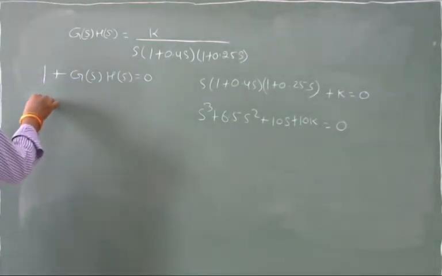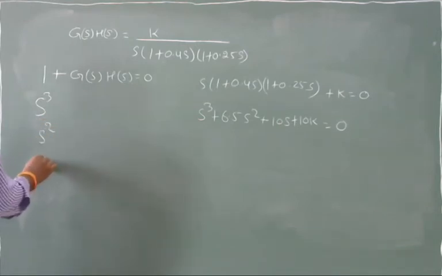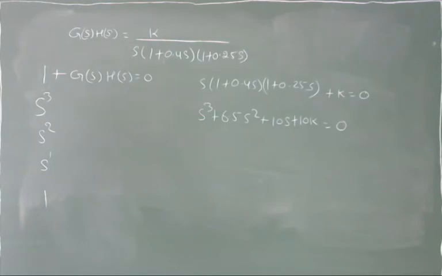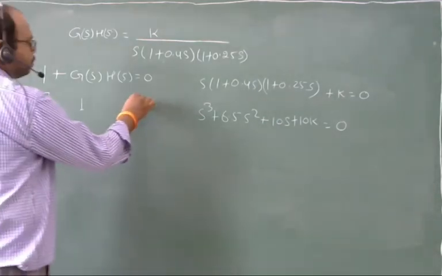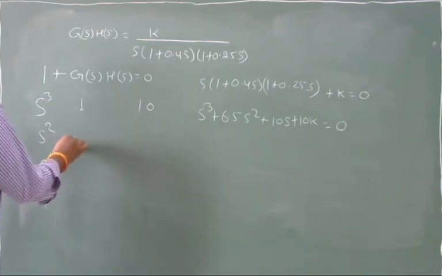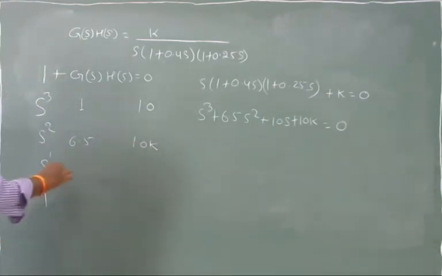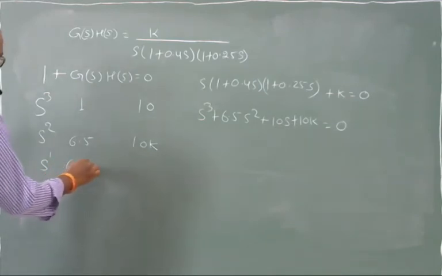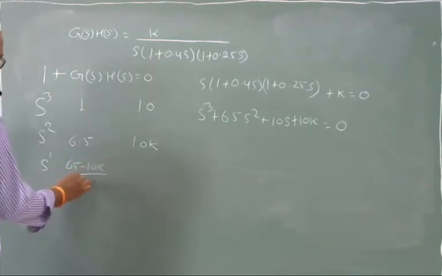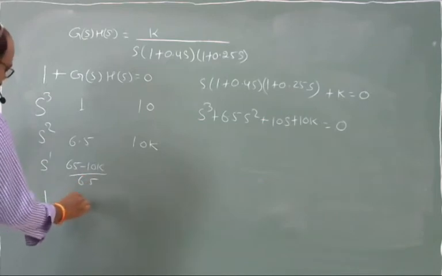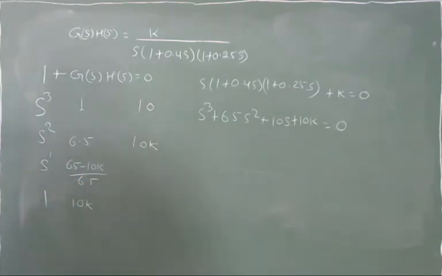So the Routh table is s cube, s square, s1, s0. The coefficients are 1, 10, 6.5, 10K. Here 65 minus 10K divided by 6.5 and the value is 10K here. So what is the range of K?